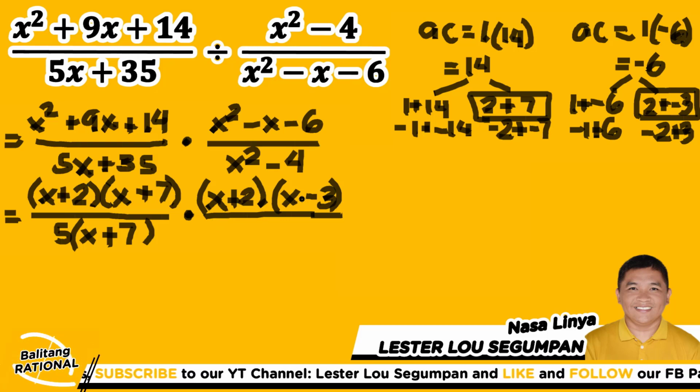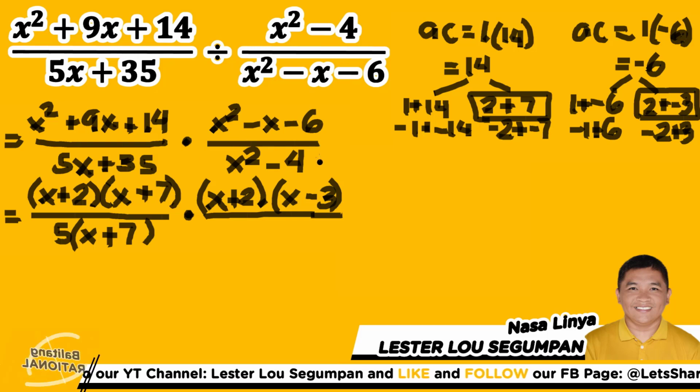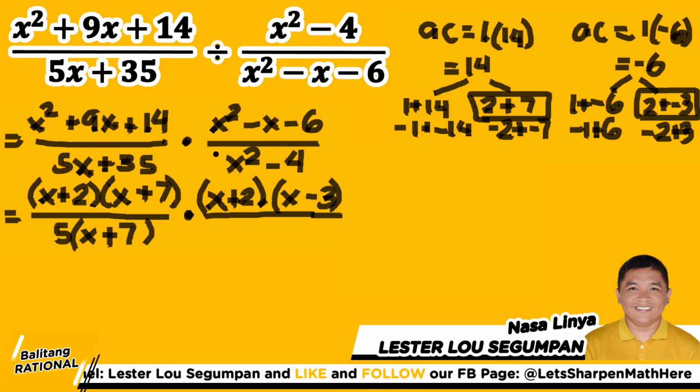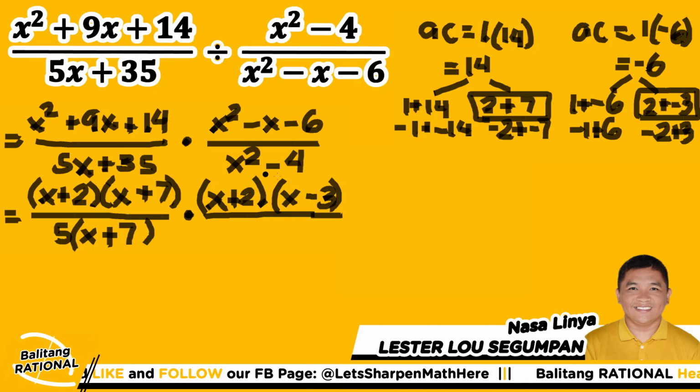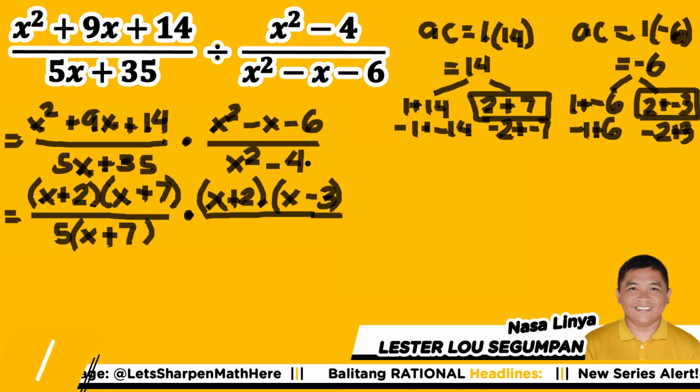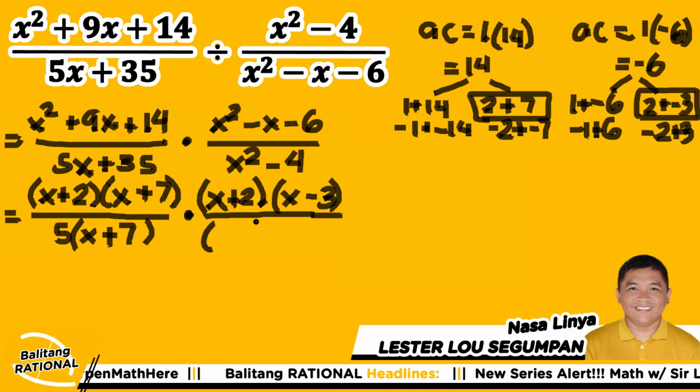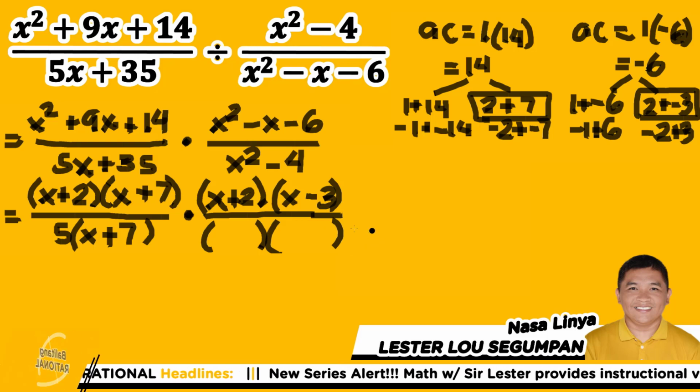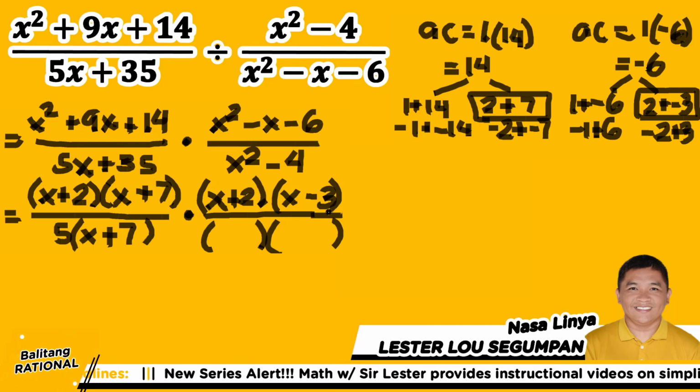Now let's factor our last polynomial expression or the denominator of this rational expression, and it's a difference of 2 squares. We have minus separating both perfect square expressions rather. So we are sure as well to have 2 binomial expressions, but for difference of 2 squares, di na po natin gagamitin yung AC. Yung gagawin po natin, take the square root of the first term, x, and x dito.